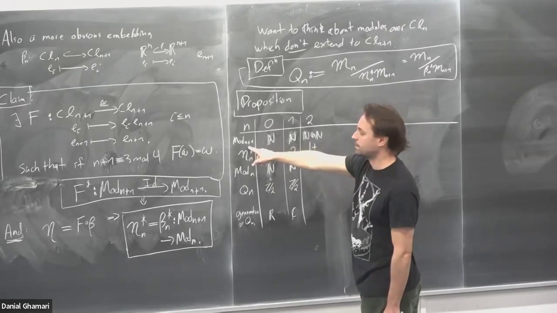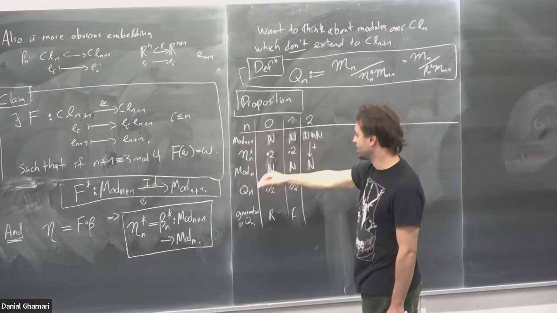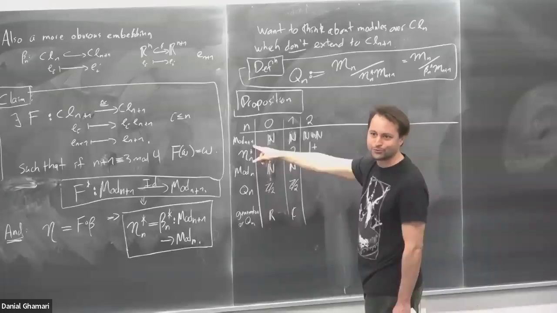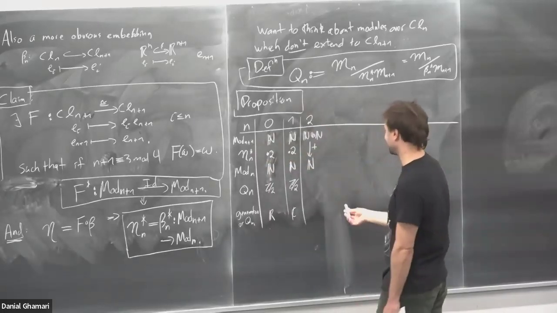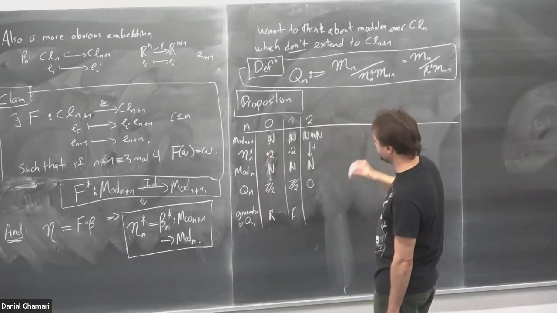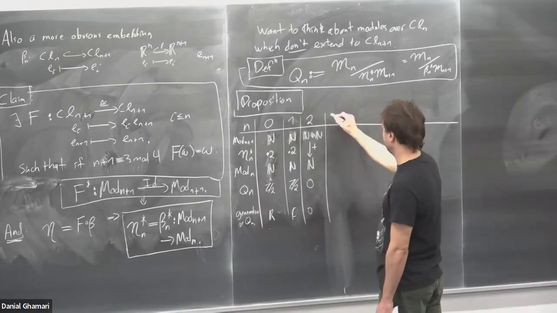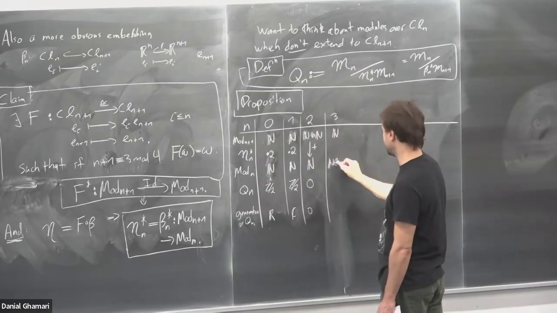Yeah, because this is the n plus 1. Oh, sorry. Everything in this table is N except for the first row, which is 1. So in particular, the plus map is surjective, so we get a 0 over here.